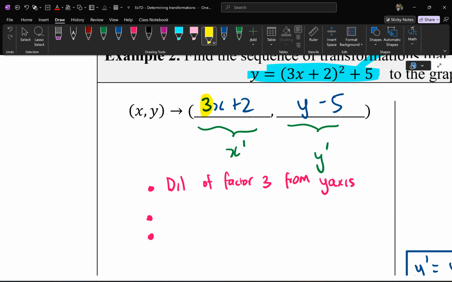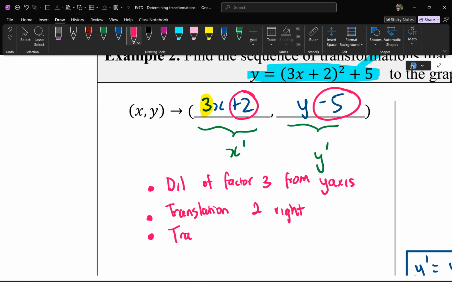There's no reflection because I don't see any negatives on the x or y. So you're really only left with a translation. Translation of this plus 2 tells me 2 to the right. And this minus 5, what does it tell me? Down by 5. And you're done. That's exercise 7D.